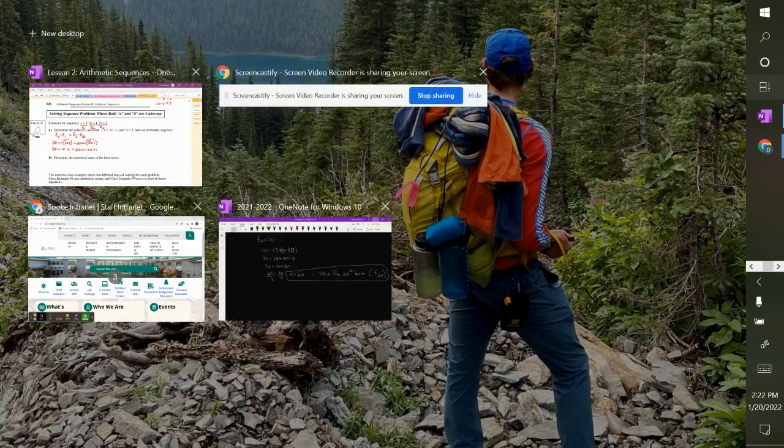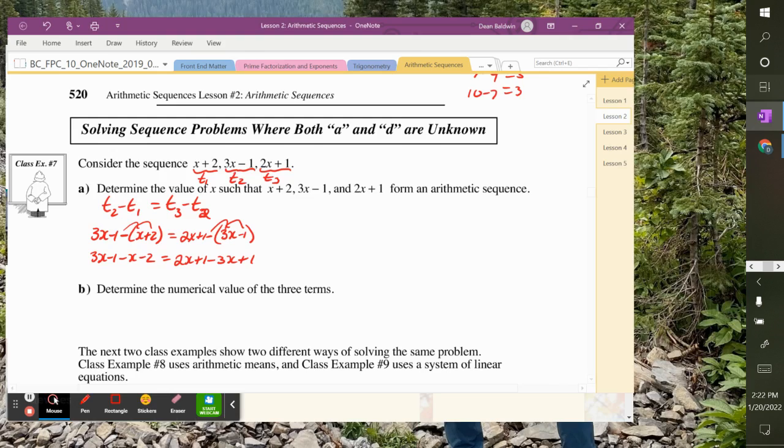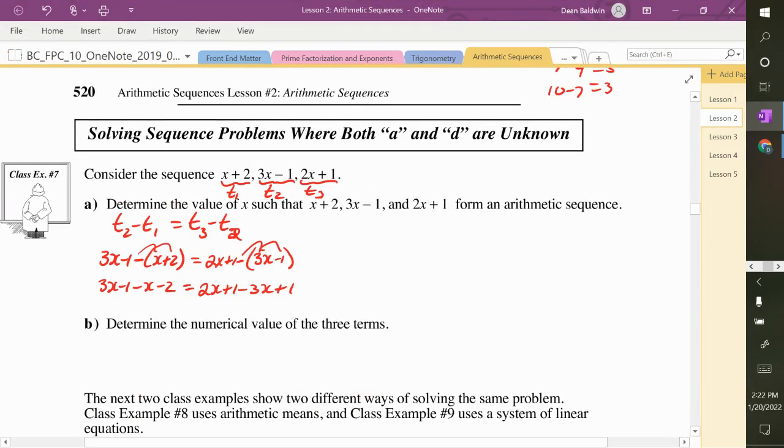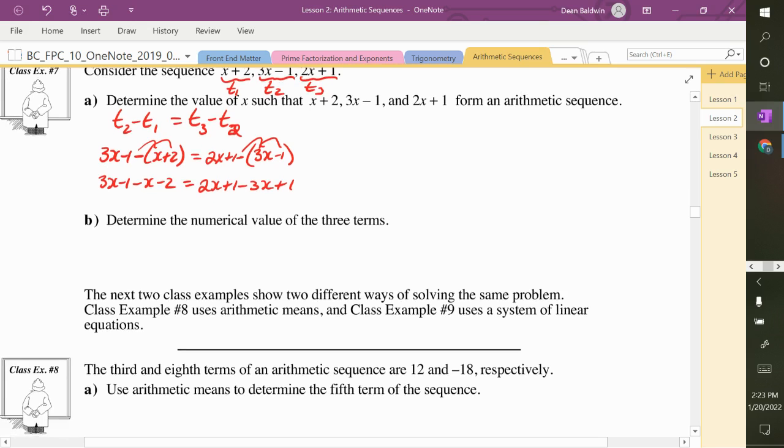And then it's like a polynomial equation. Collect all your like terms on the left side, collect all your like terms on the right side. So 3x minus x is 2x. Negative 1 minus 2 is negative 3. 2x minus 3x is negative x. 1 plus 1 is 2.